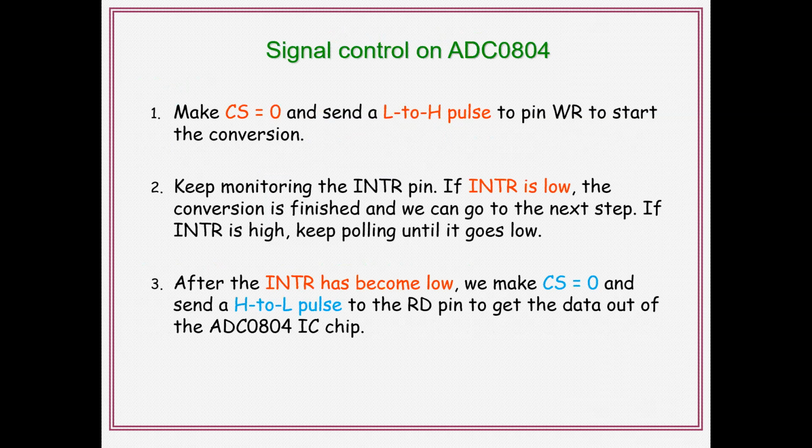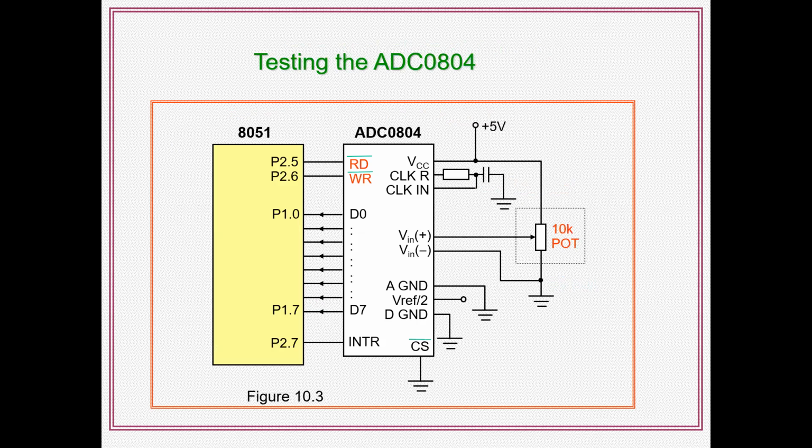That is called wait for end of conversion. After INTR has become low, we make CS bar equal to 0 and send a high to low pulse to the read bar pin to get the data out of the ADC 0804 IC chip. So these are the steps we need to follow while writing an analog to digital conversion program.